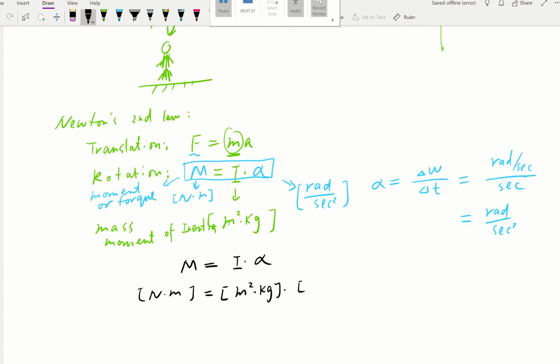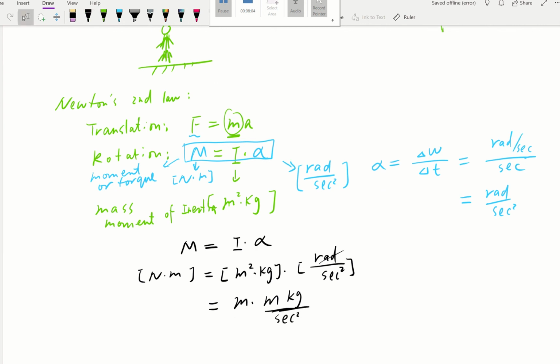And alpha, the angular acceleration, is radians per second squared. Radians basically has no unit. Then we expand this: meter squared is meter times meter, and then we times kilogram, then divided by second squared.